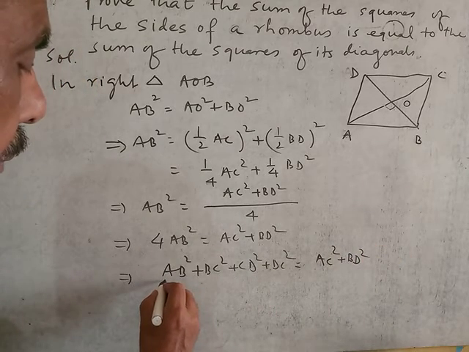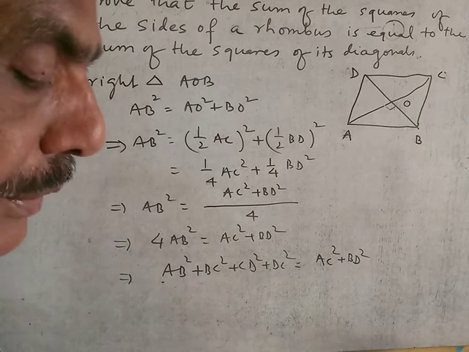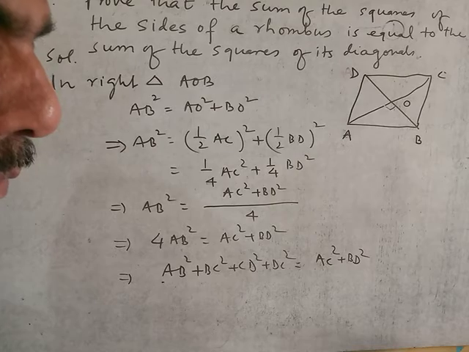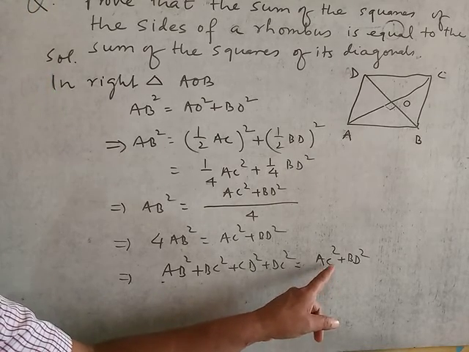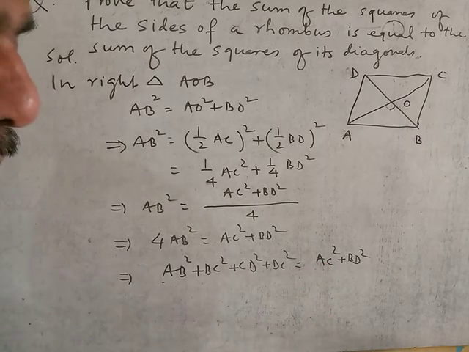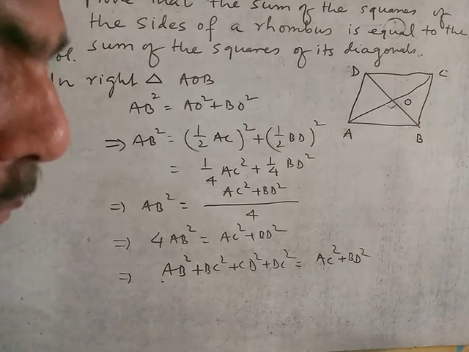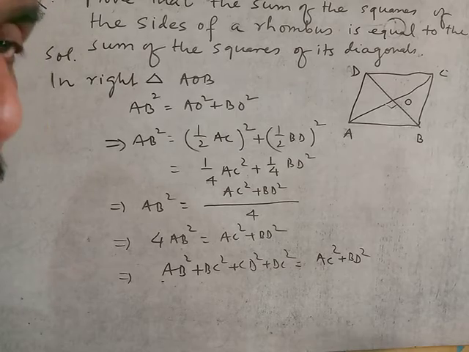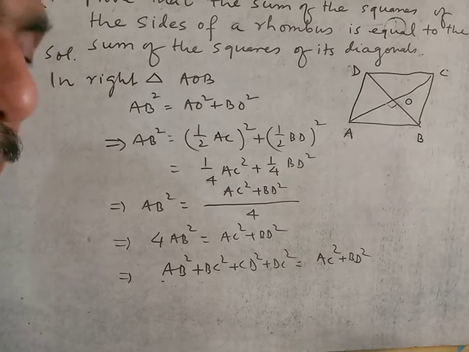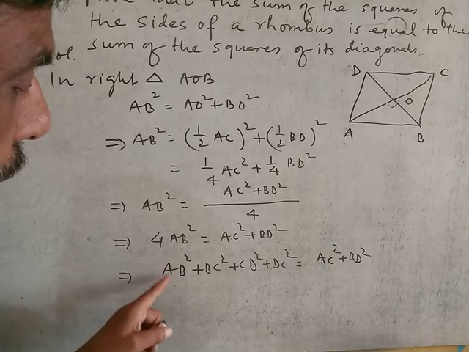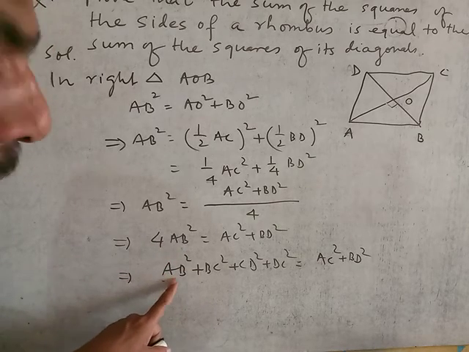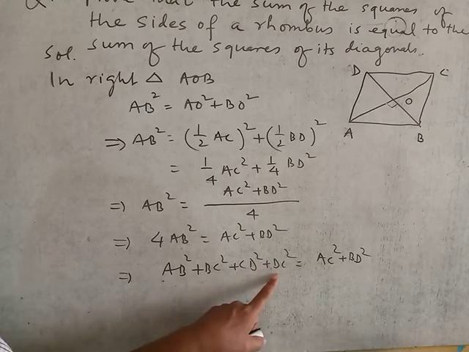So this is the sum of the squares. The sum of the squares on the sides of the rhombus is equal to the sum of the squares on the diagonals of a rhombus. So this is proved. You know why? How has this come, AB square, BC square, CD square, DC square?